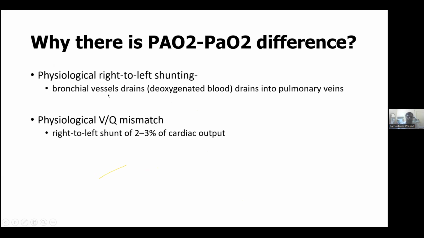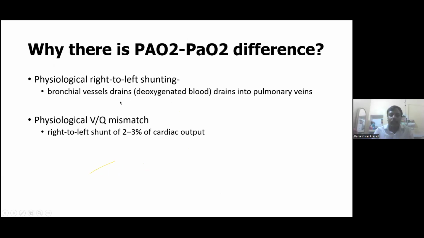So when it comes out of the lungs, this directly drains into the pulmonary artery without going again into the pulmonary capillaries and getting oxygenated. So some bronchial vessels directly drain into the pulmonary arteries, and because this deoxygenated blood directly mixes with the pulmonary arterial blood, there will be a drop in pulmonary arterial oxygen tension.